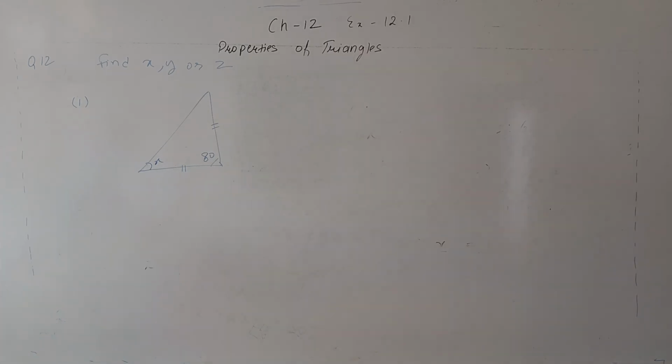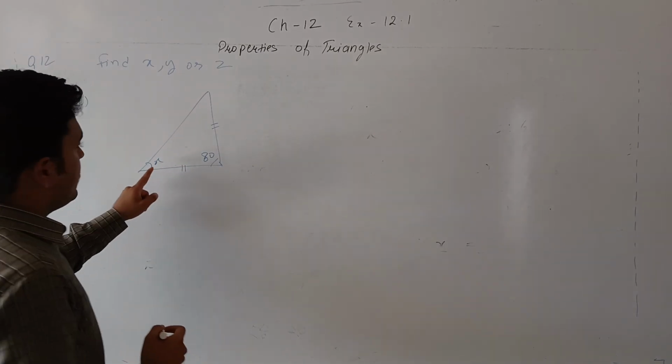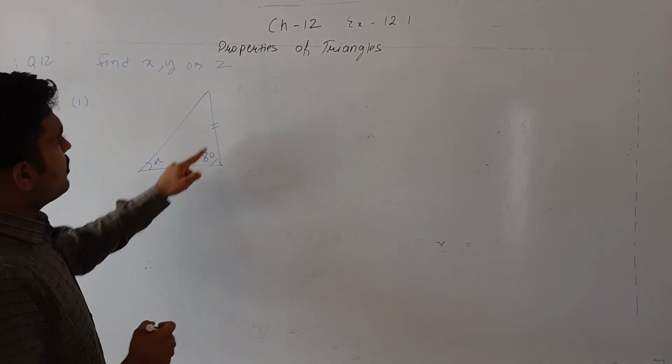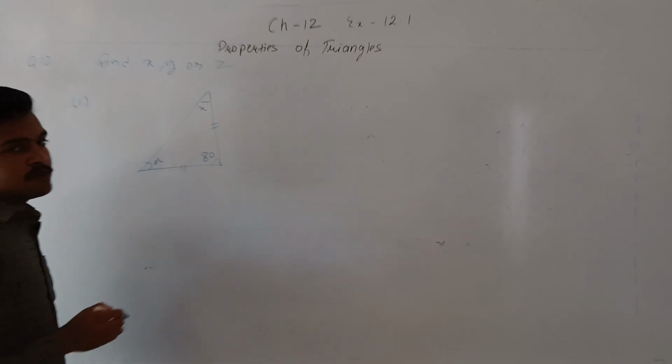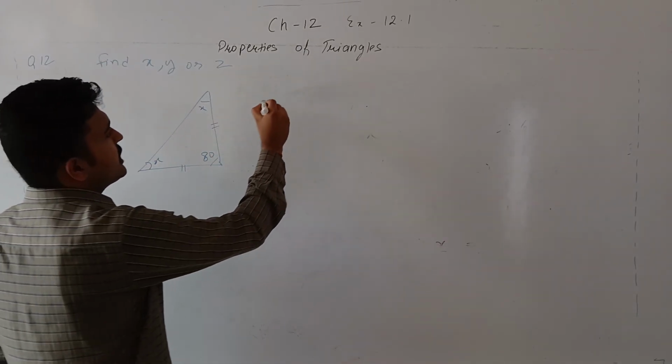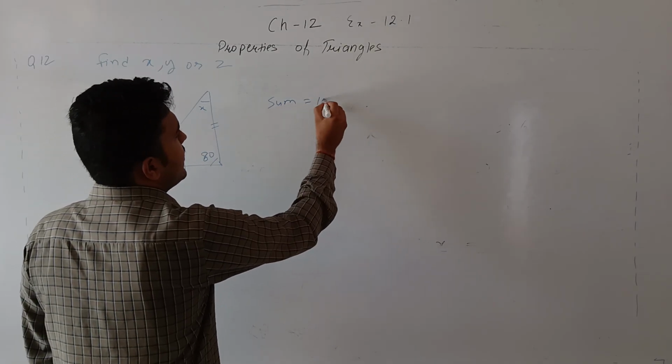So one angle is 80, and because two sides are equal, the angles opposite to them are also equal. This angle is also x, and again the sum is 180.